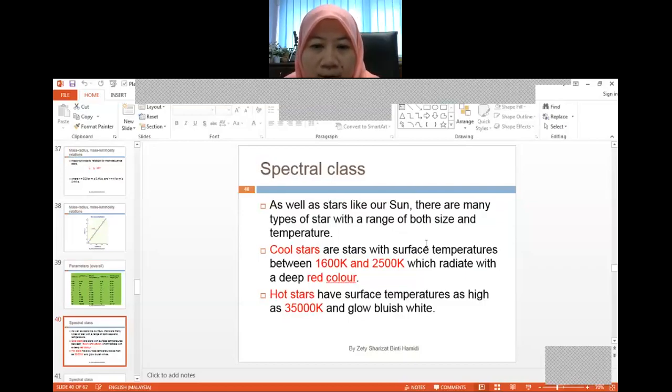While for hot stars, the surface temperature is about 35,000 Kelvin and above, right? And the color looks bluish or bluish white. So we can see the temperature and we can assume the range of temperature based on the color.